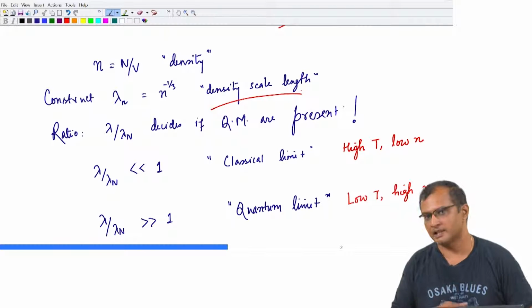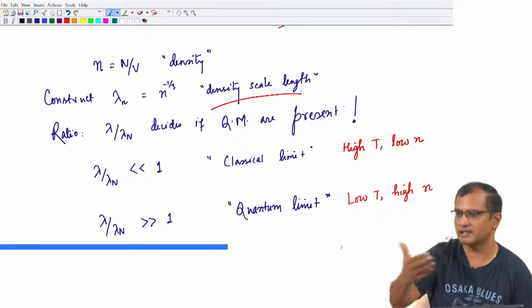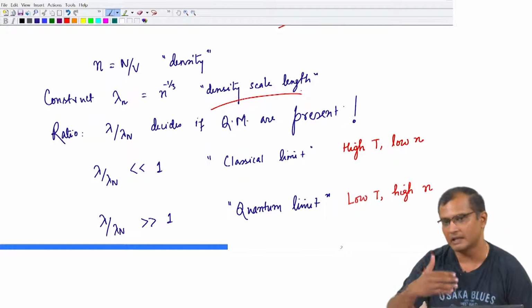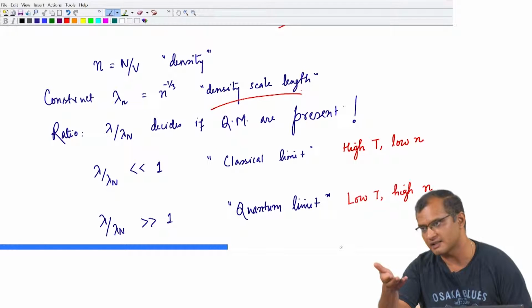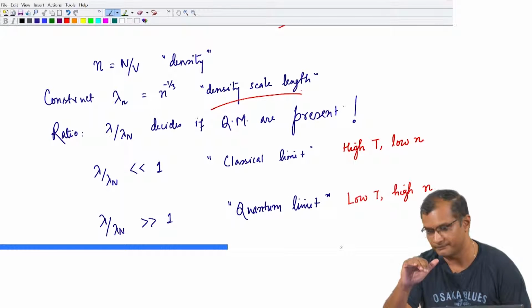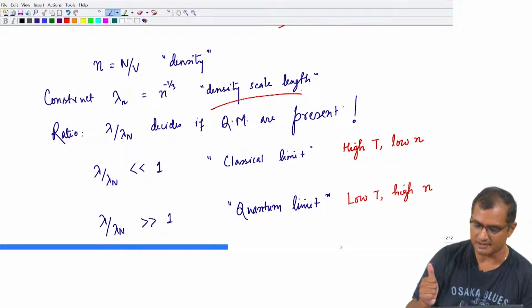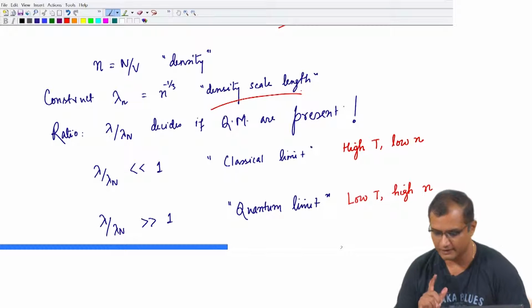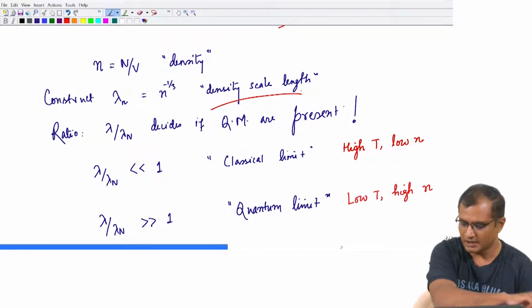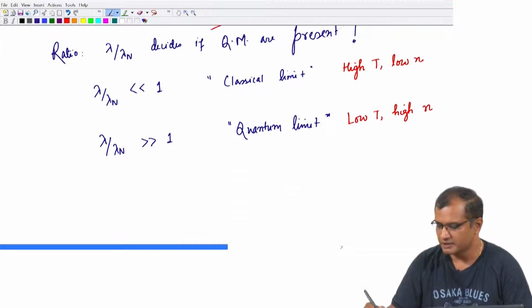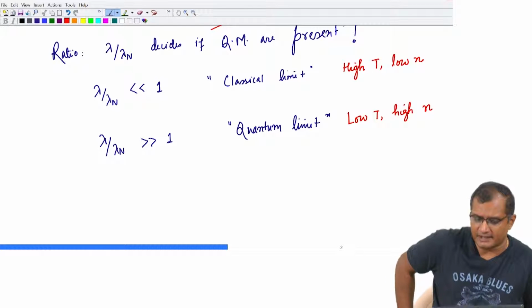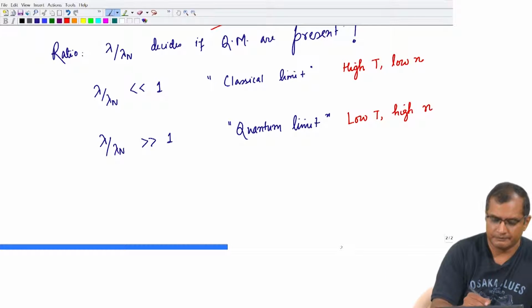No, you have to also look at density, because that will give you another length scale, the density length scale, with which you can compare and tell whether classical effects or quantum effects are seen. So, you need a reference, the density scale length being the reference. Your system can go to the appropriate limit depending upon the ratio of these length scales. So, the ratio is important.